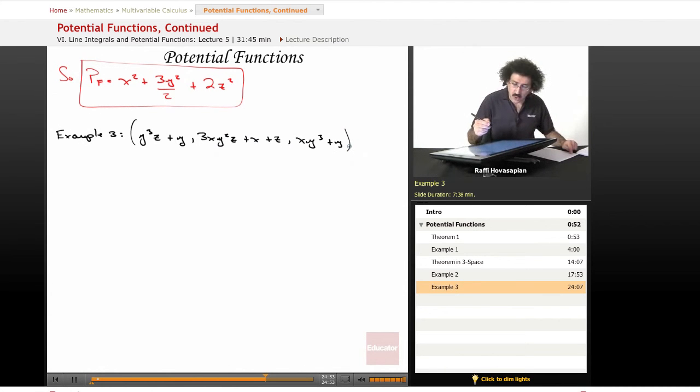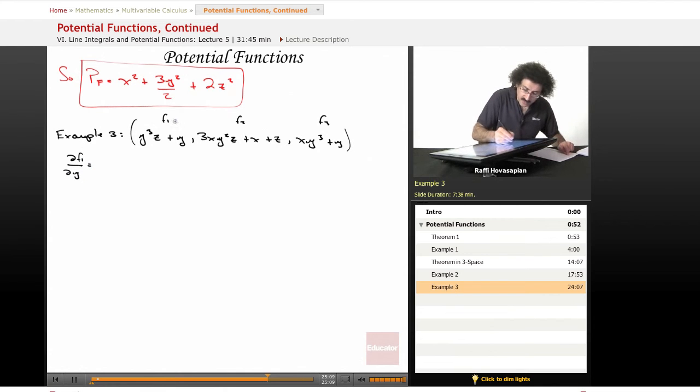Let's go ahead and make sure that all of the partials are equal. So this is f1, this right here is f2, and this is f3. df1 dy is going to be 3y squared z plus 1, and if I take df2 dx, I get 3y squared z plus 1.